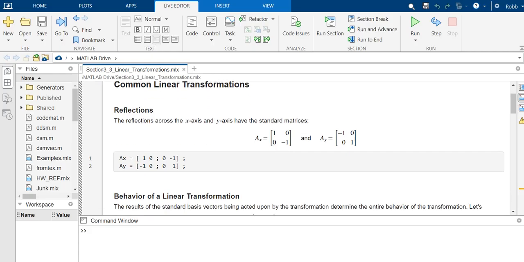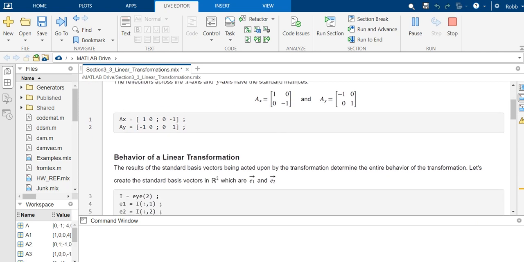Okay. And so we have the reflection across the x-axis and the reflection across the y-axis. And so I entered those matrices here. And let's talk about what I said. I said the behavior of the transformation can be determined by what happens to vectors E1 and E2, because they're the standard basis vectors in R2.